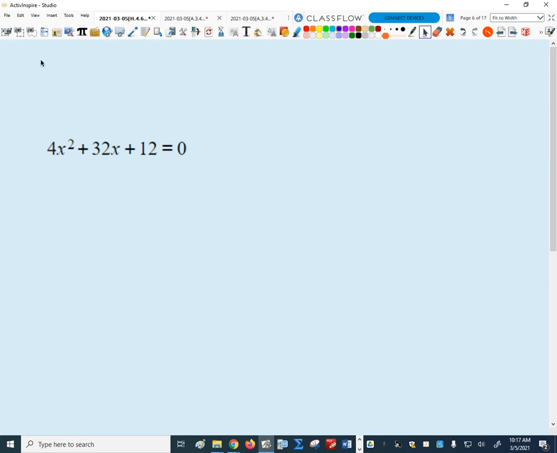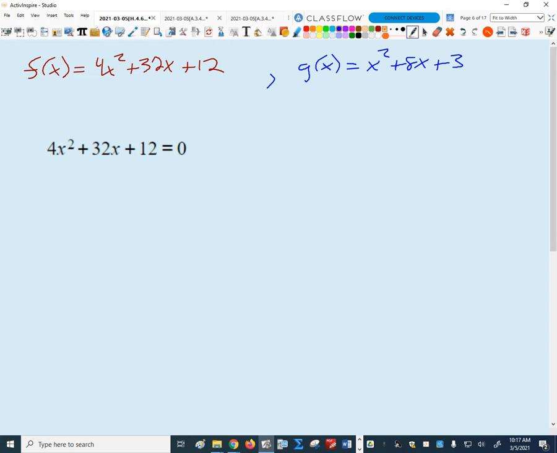If I have some function f of x equals 4x squared plus 30x plus 12, well, if I divide by 4, I get a different function. Maybe call it g of x equals x squared plus 8x plus 3. Those are different functions. Their graphs would be different, wouldn't they?